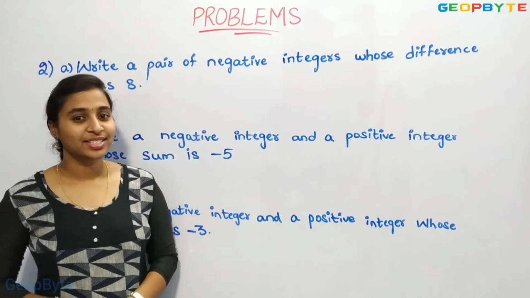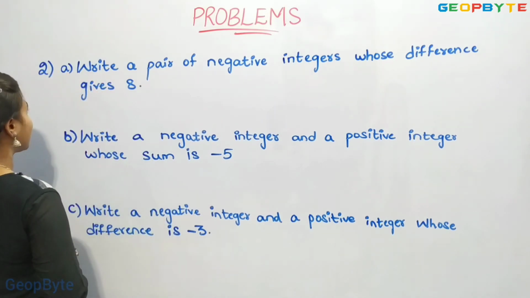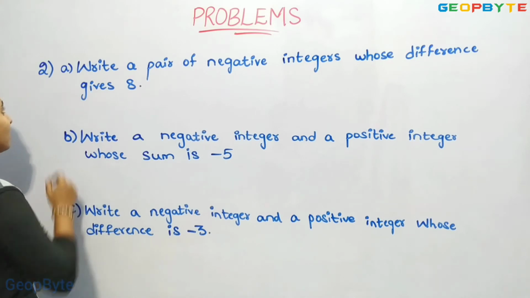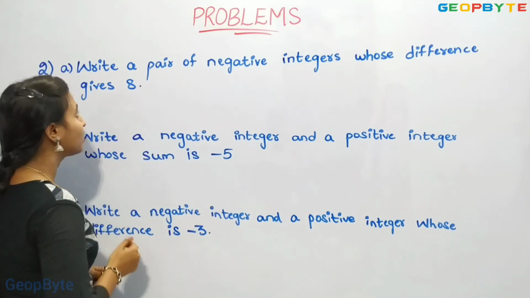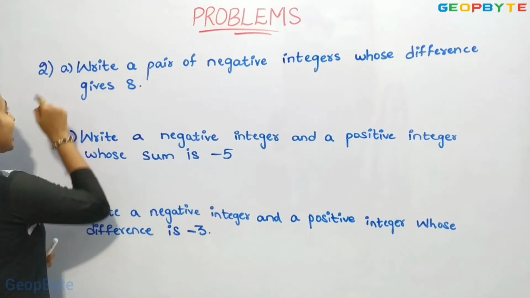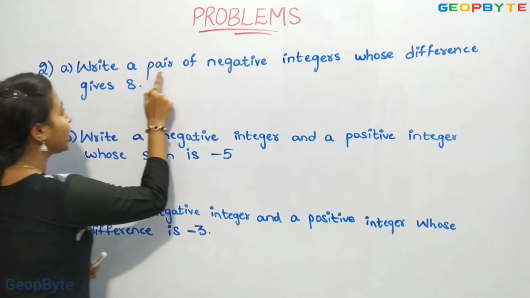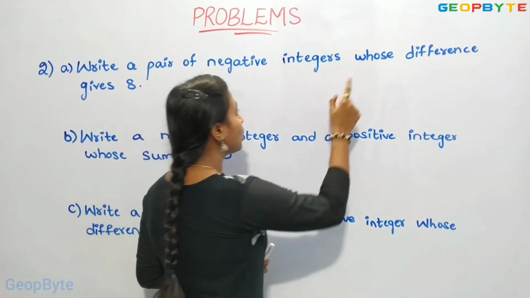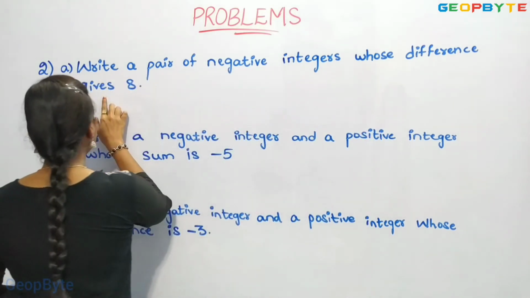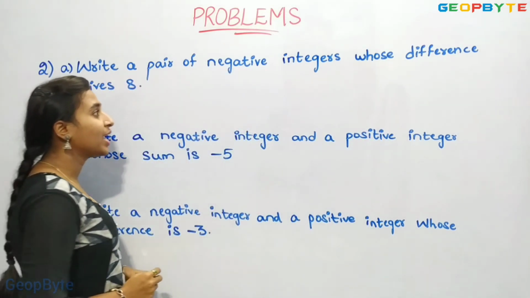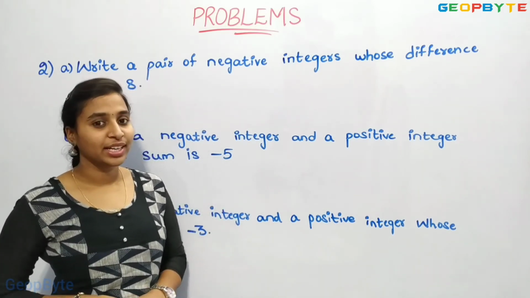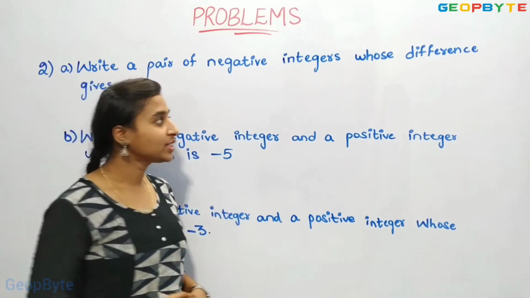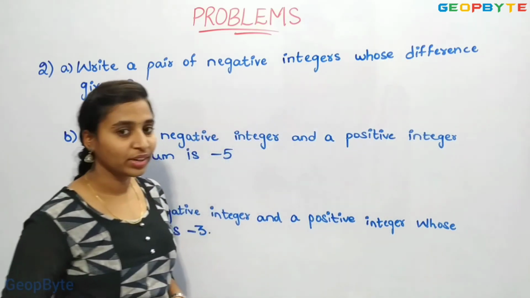Now let us see the second question. In this we have 3 parts. Let us go one by one. First, let us go with (a). Write a pair of negative integers whose difference gives 8. They asked to take a pair of negative integers, that is 2 negative integers, and asked to take the difference.